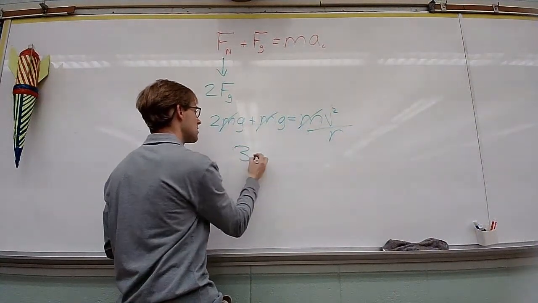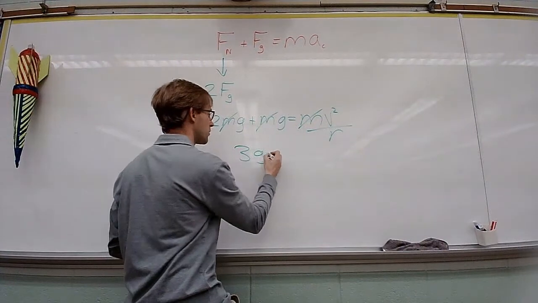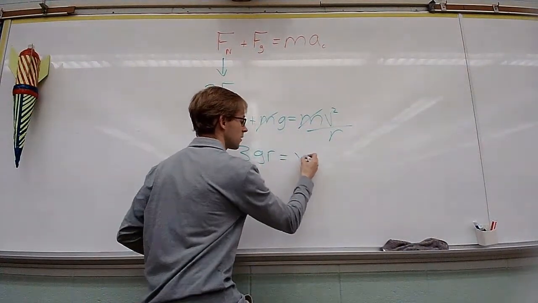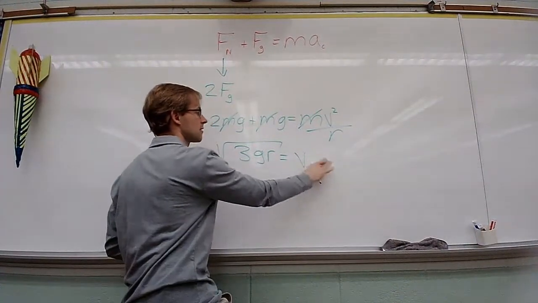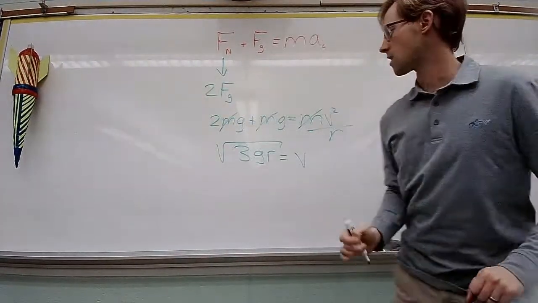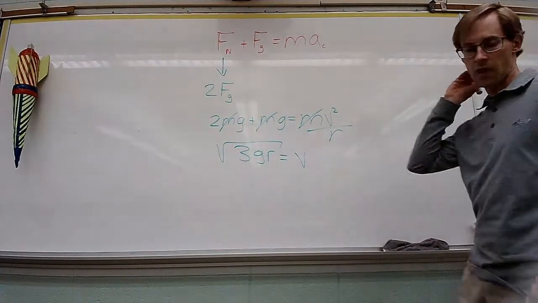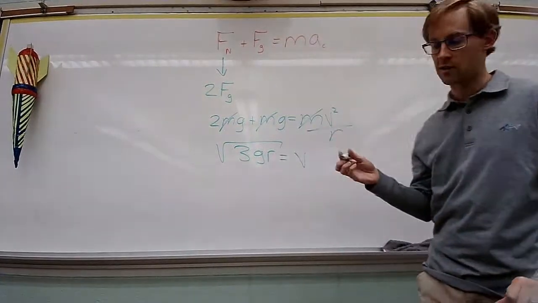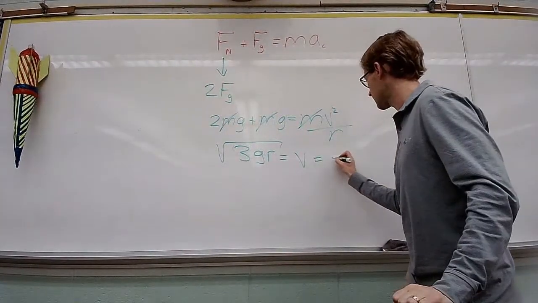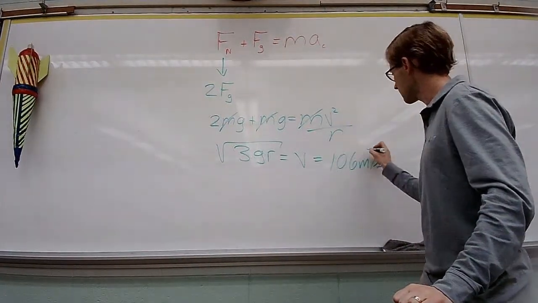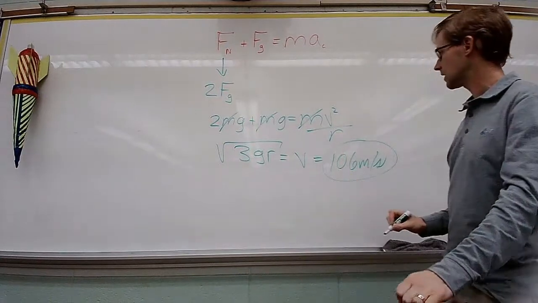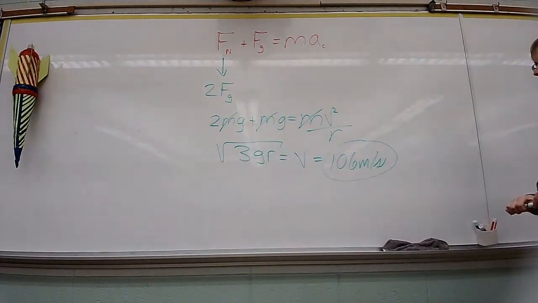So 3g multiplied by r equals v squared. Take the square root of both sides, and that will get you that velocity. And that velocity is going to come out to be 106 meters per second. And that would be your answer there.